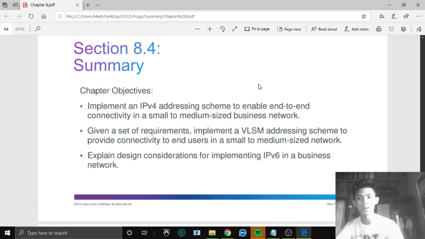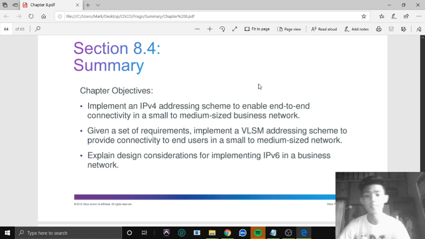So the summary of this chapter 8 is to implement an IPv4 addressing scheme to enable end-to-end connectivity in a small to medium-sized business network. Given a set of requirements, implement a VLSM addressing scheme to provide connectivity to end users in small to medium-sized networks.